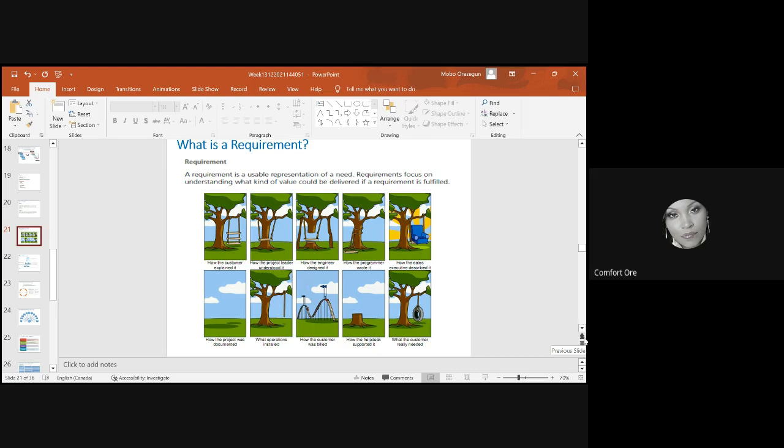As a BA, we don't just go proffering solutions. We actually listen to other people. We listen to the SMEs, and then we draw conclusions based on everything that we've heard. Okay, so that's why this image is very interesting. The first one says how the customer explained it. Now we go back to why projects fail. Do you remember?